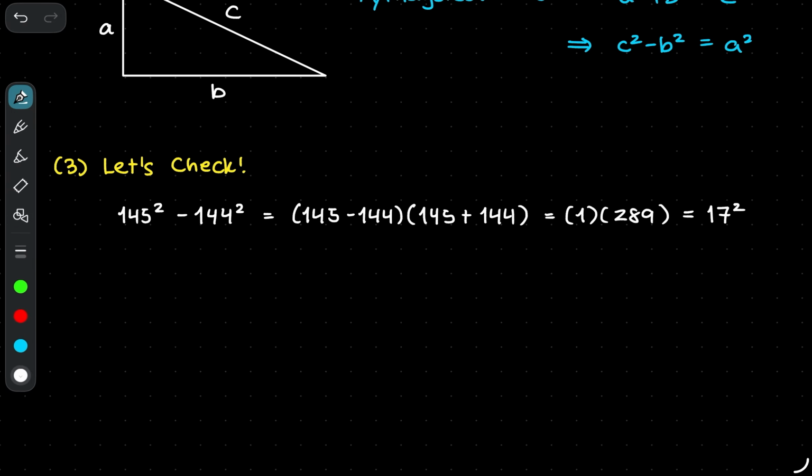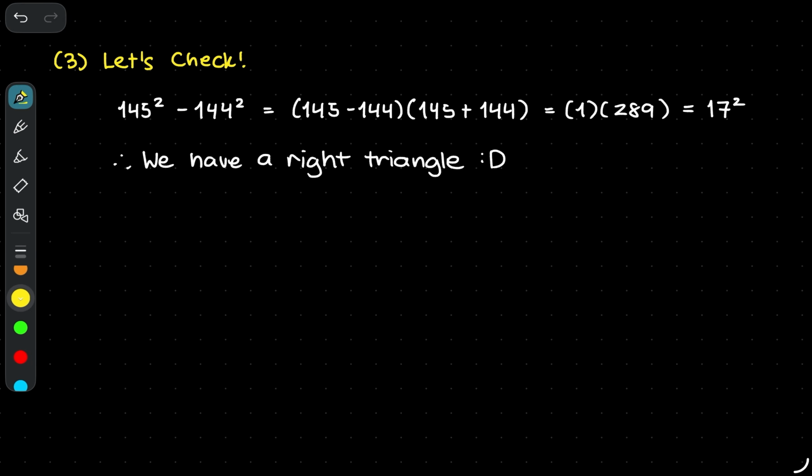So we have a right triangle. This is good, since the area of the triangle is easy to get now. So we just compute the area.